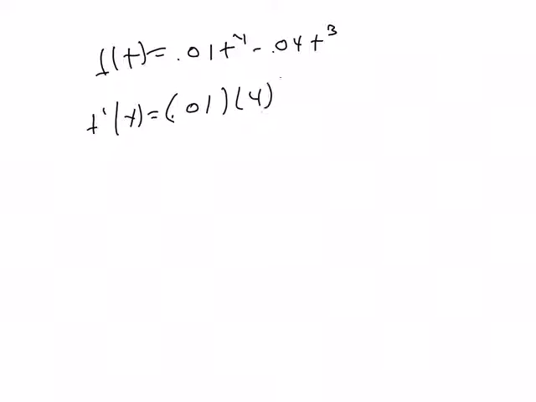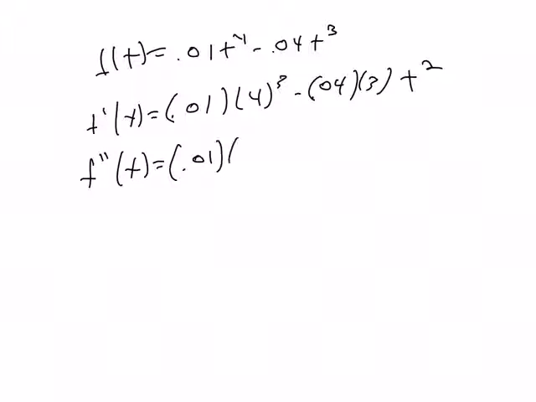So again, we have f of t is equal to 0.01 t to the fourth minus 0.04 t to the third. So f prime of t, which is the velocity, is 0.01 times 4 t to the third minus 0.04 times 3 t squared, and f double prime of t is going to be 0.01 times 4 times 3 t squared minus 0.04 times 3 times 2 times t.